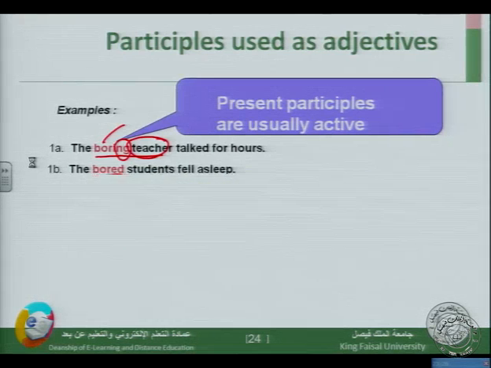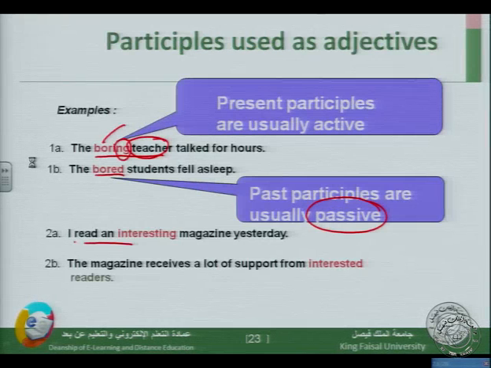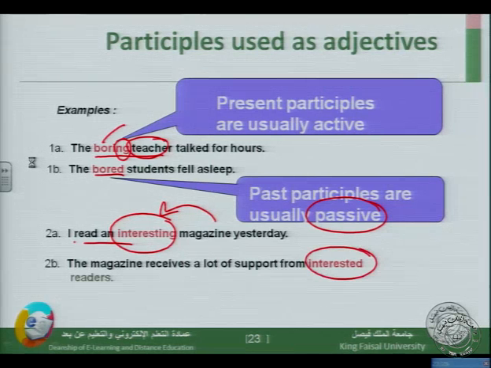The same here. I read an interesting magazine yesterday. So when you use the present participle, they are usually active. The magazine is really interesting. However, the magazine receives a lot of support from interested readers. Here the magazine is interesting, and here the interested readers are the ones who are interested.